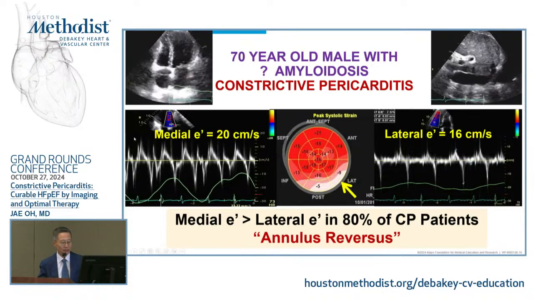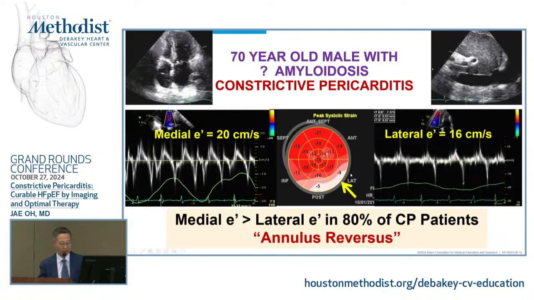And then the strain here is very characteristic: the pericardial layer is tethered to the lateral portion and then the inferior portion of the myocardium, so the regional strain imaging is always reduced. Very typical here.